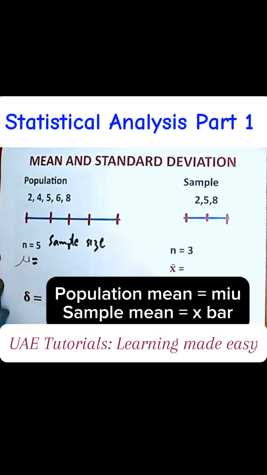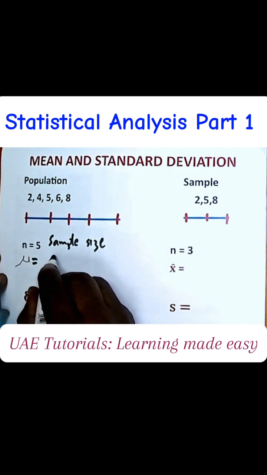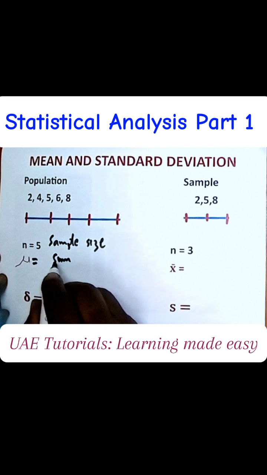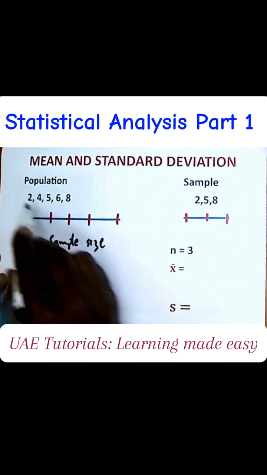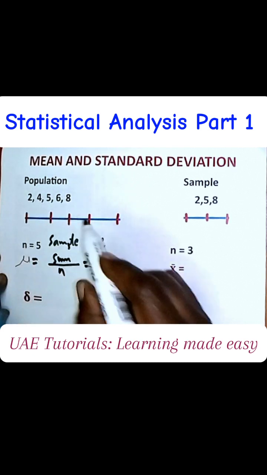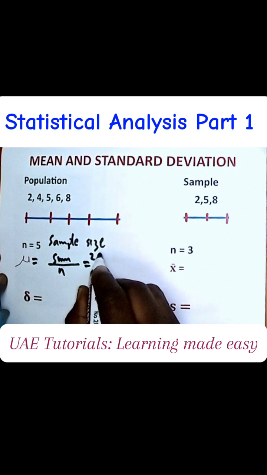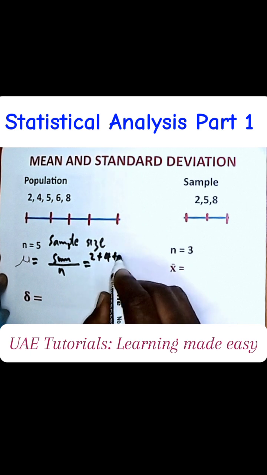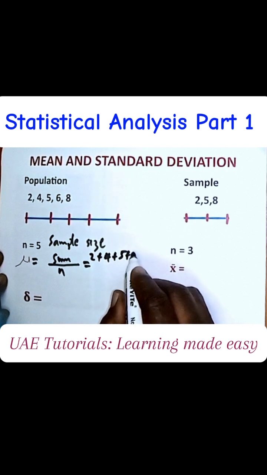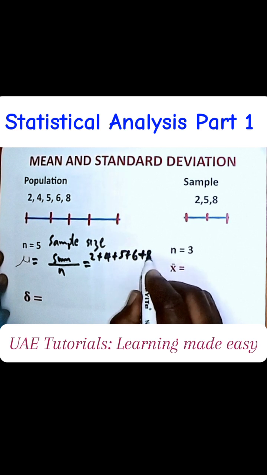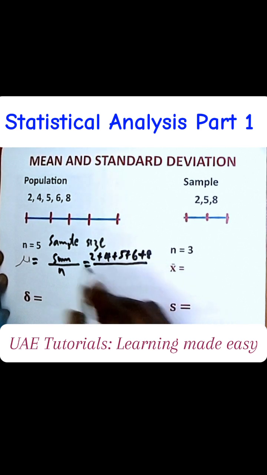So how do we analyze the population mean, mu? It's very simple. It's just equals to the sum of the entire population all over the sample size, all over n. In this case, that means we are going to sum 2 plus 4 plus 5 plus 6 plus 8 all over 5.